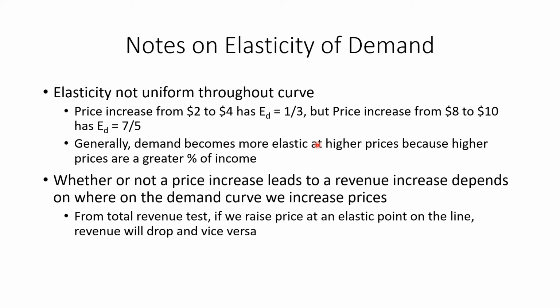And so at higher prices, smaller changes in price as a percentage will lead to higher demand changes. Like if you look at our example, the price increase from $2 to $4 has an elasticity of 1/3, but the price increase from $8 to $10 has an elasticity of 7/5. At higher prices, lines tend to be more elastic.